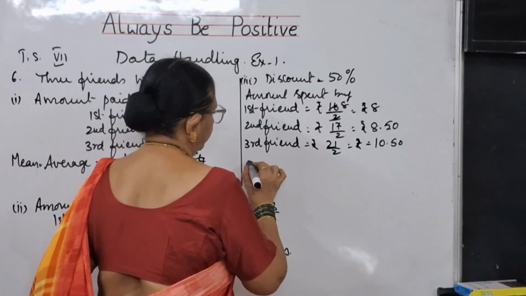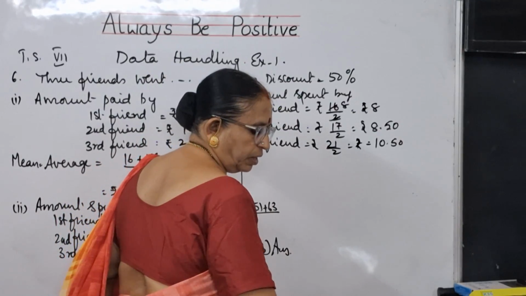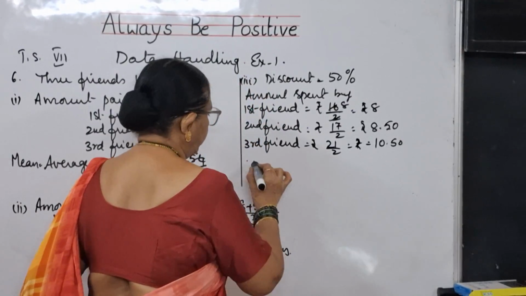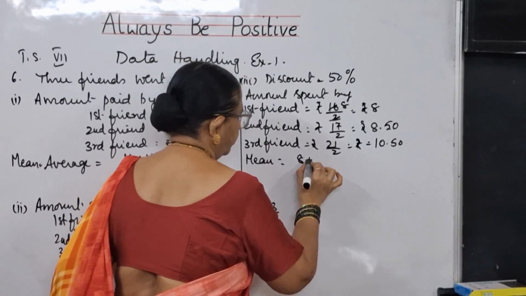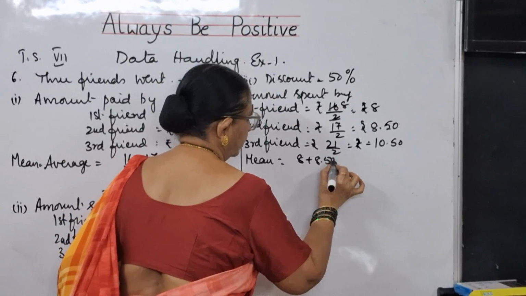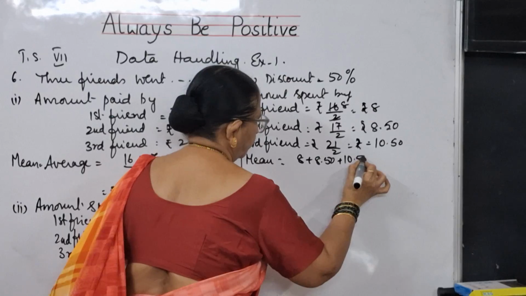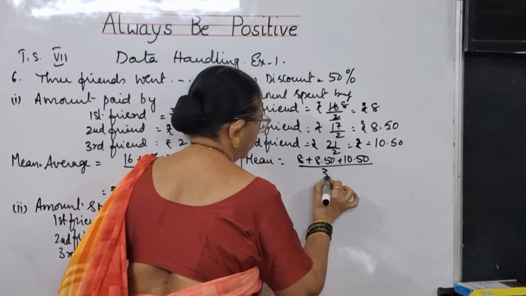Now, average. The question is, what would be the mean expenditure? So, mean is equal to 8 plus 8.50 plus 10.50 by 3.